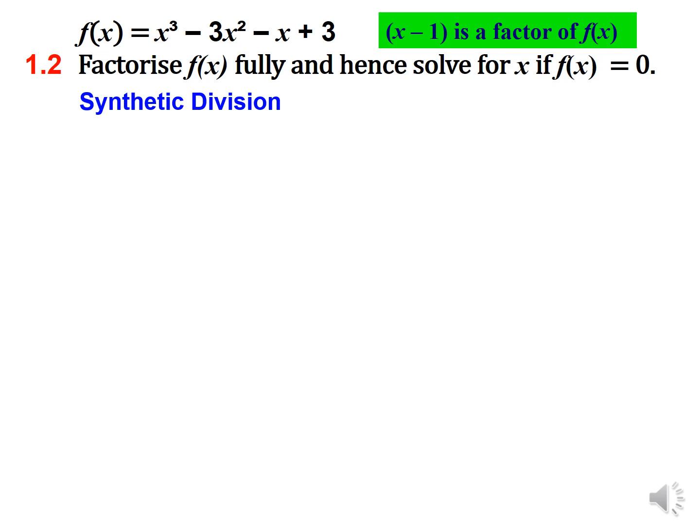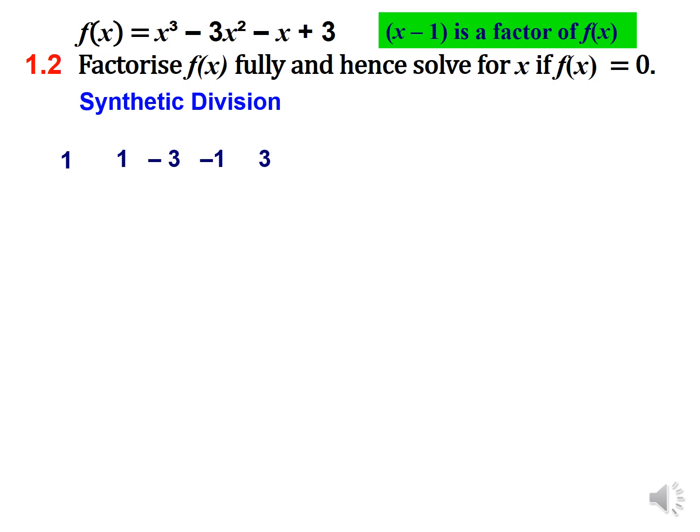So x equals 1. That is the one that I've just written here. Then these other positions, 1, 2, 3, 4 numbers, they are the coefficients of the expression or equation that I am factorizing.